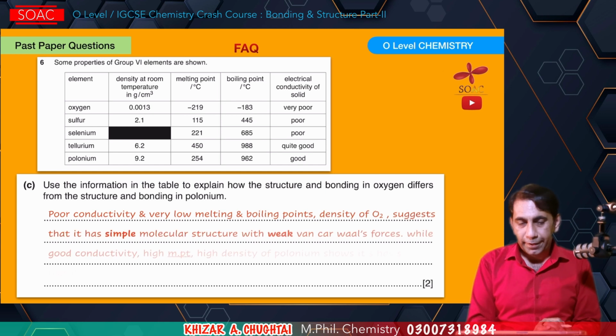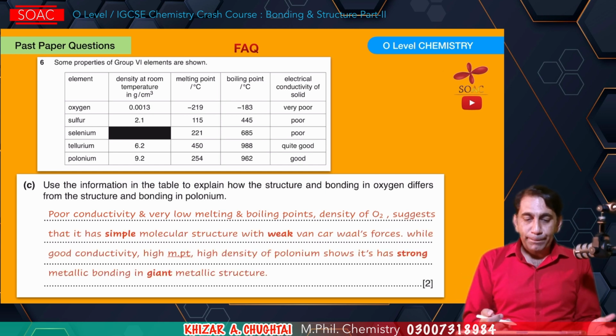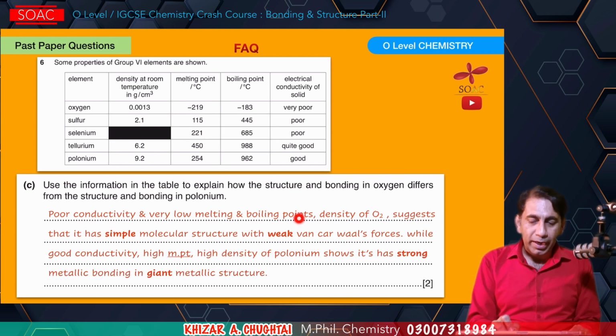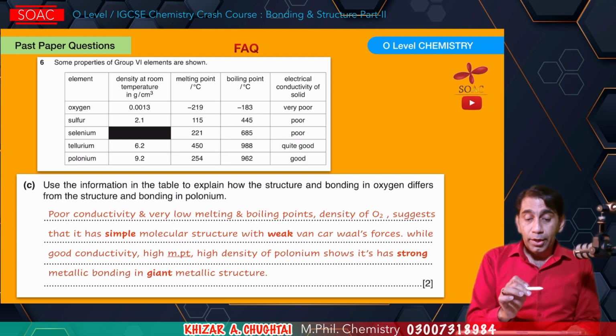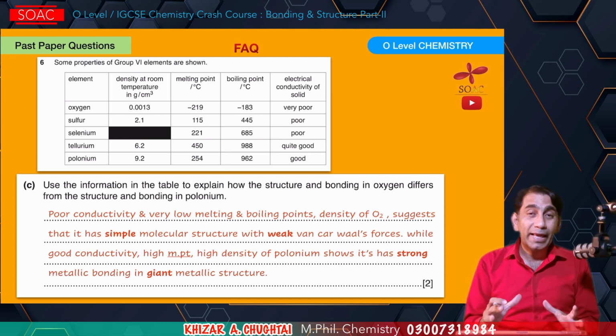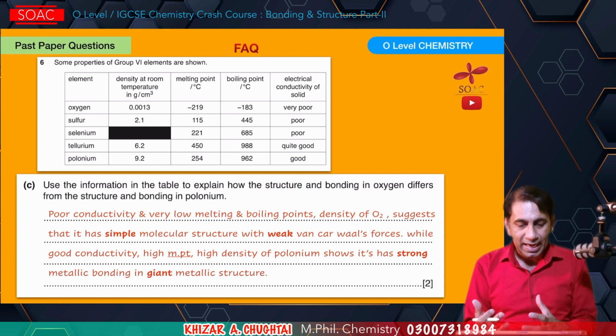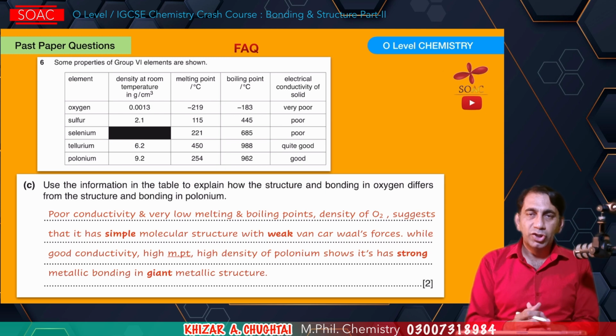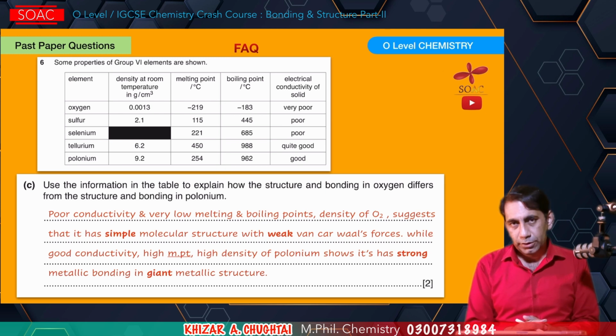Again, the poor conductivity, low melting point, low boiling point, and low density of oxygen suggest it has a simple molecular structure with weak van der Waals forces. While the good conductivity, high melting point, high boiling point, and high density of polonium show it has strong metallic bonding in its lattice and a giant metallic structure.